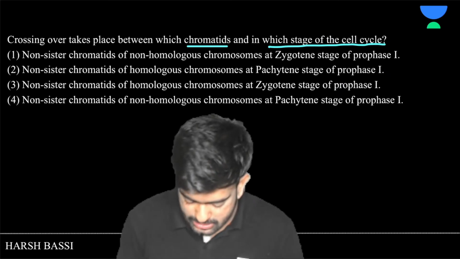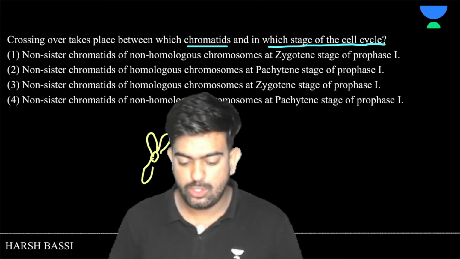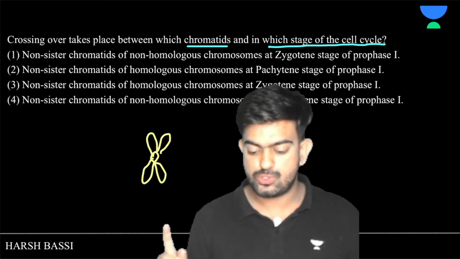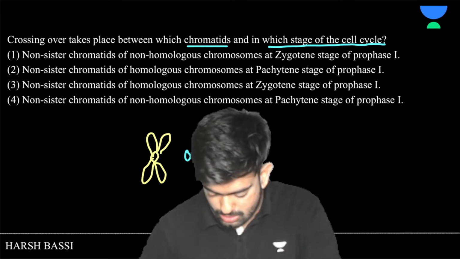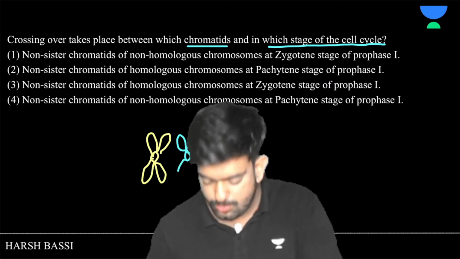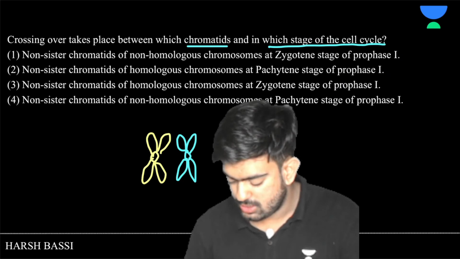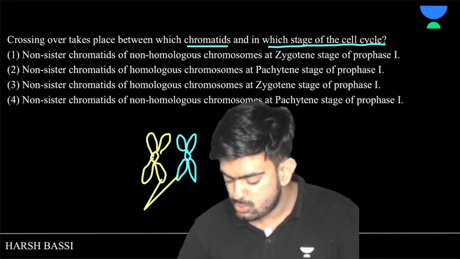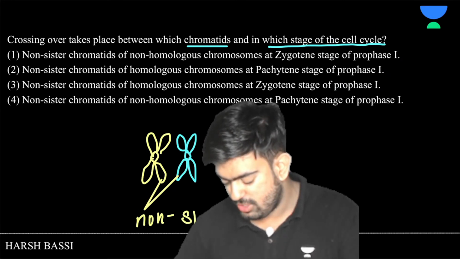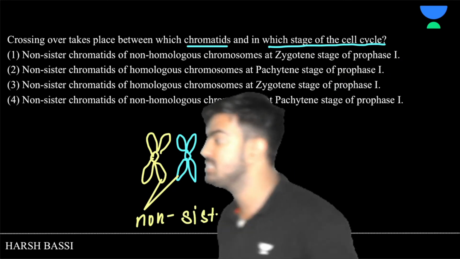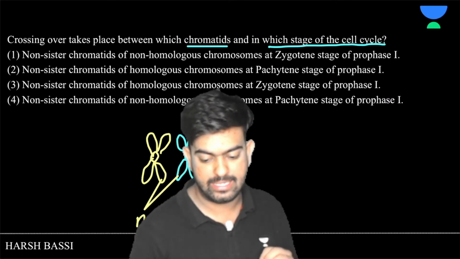This is one chromosome from the S phase, and this is its homologous pair. Crossing over takes place between these two, and these two are non-sister chromatids. Clear?